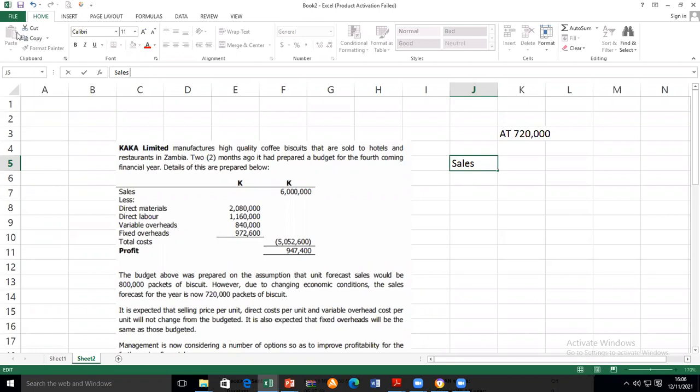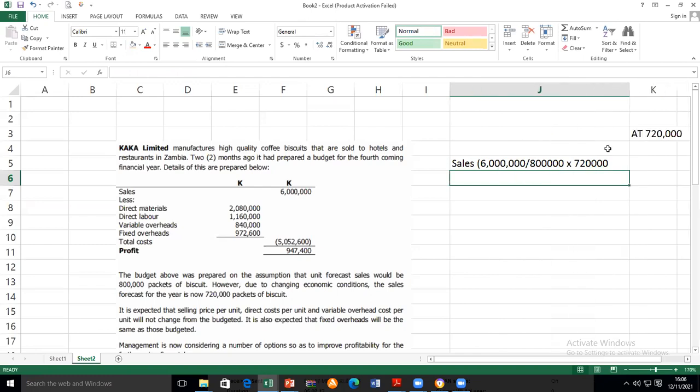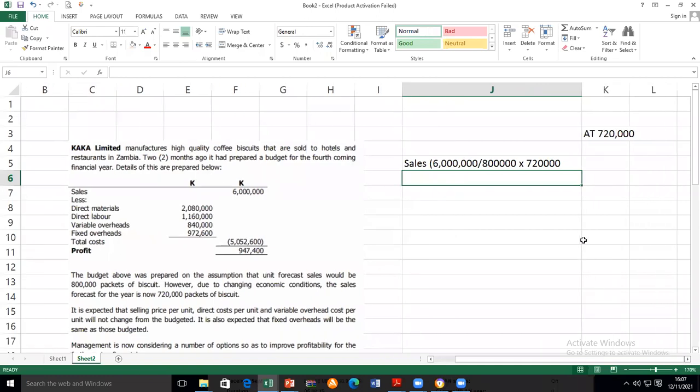It was 6 divided by 800. Now this time around, you multiply this by 720. So this is what we are going to do. So please, can we have the answer?